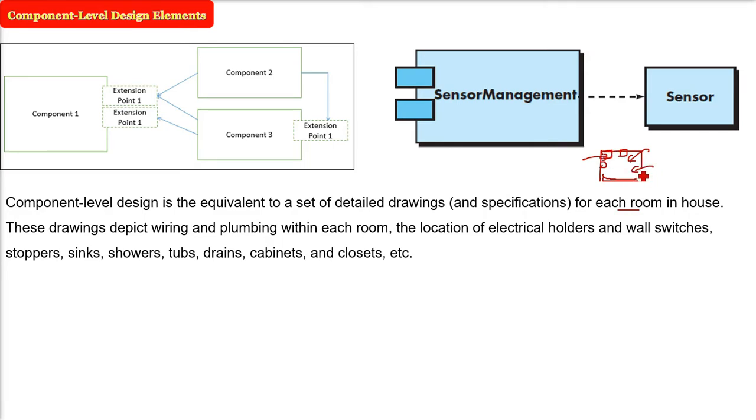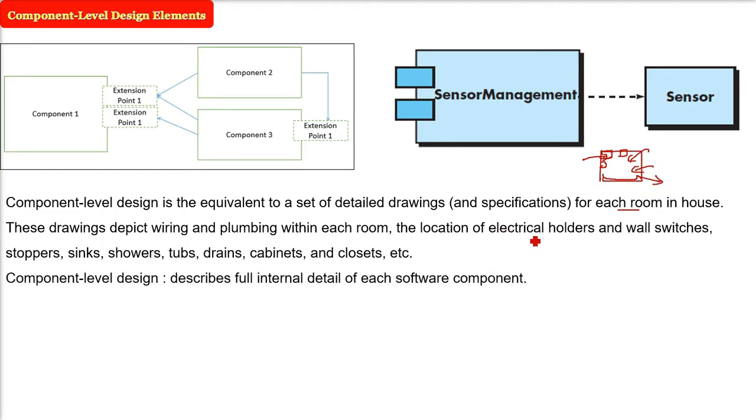So one tub is a component, a cabinet is a component, a shower is a component, a stopper is a component. So component level design describes the full internal detail of each software component.